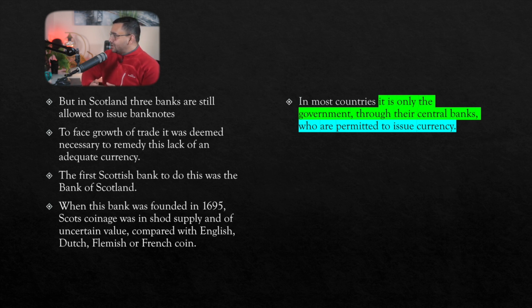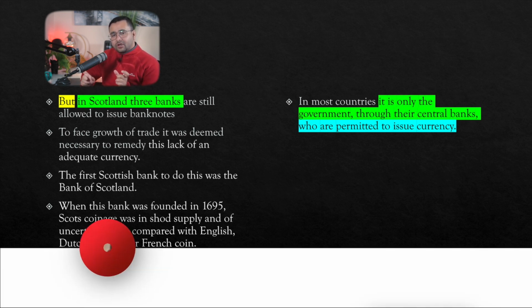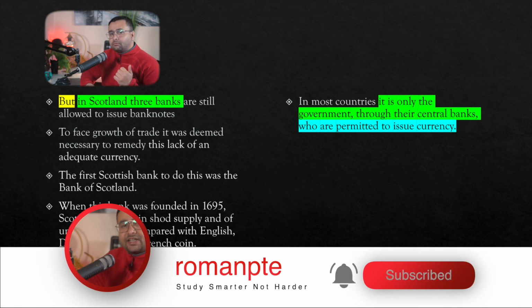And while doing that, I came across sentence number 1, which says but in Scotland, because what I can see here is but in Scotland 3 banks. This is opposite to it is only the government through their central banks. So these two are related to each other and but is connecting them. So in Scotland there are more than one bank.